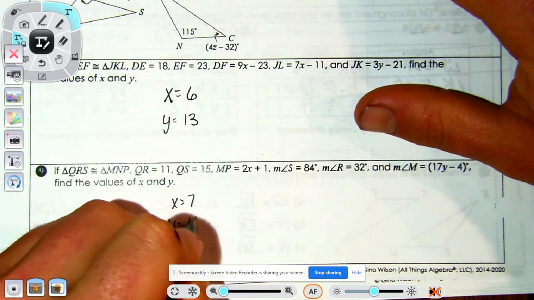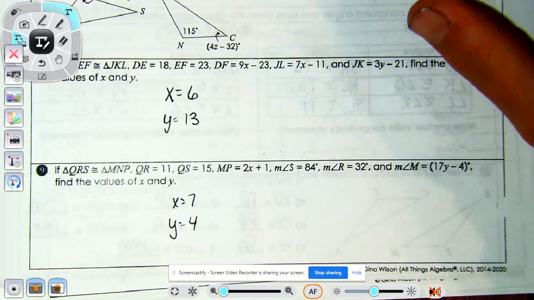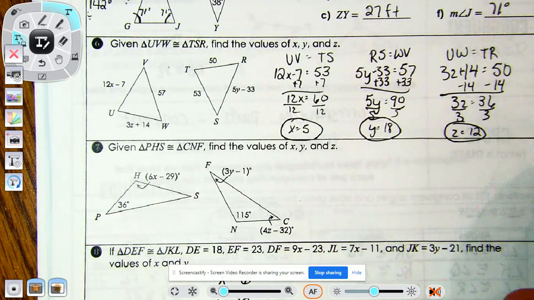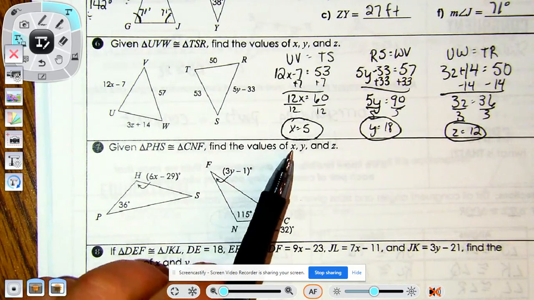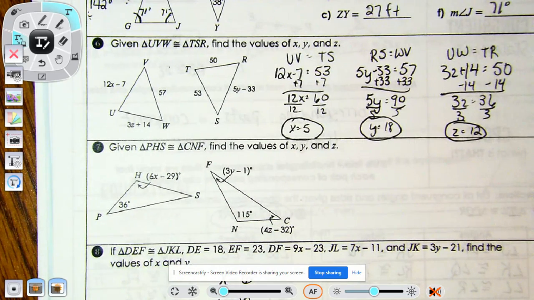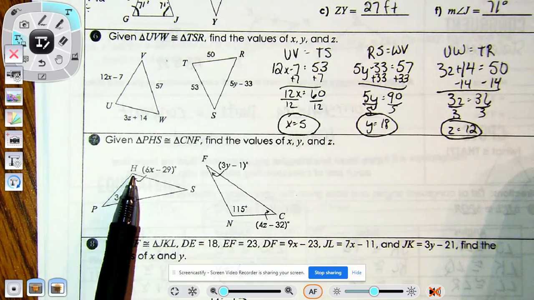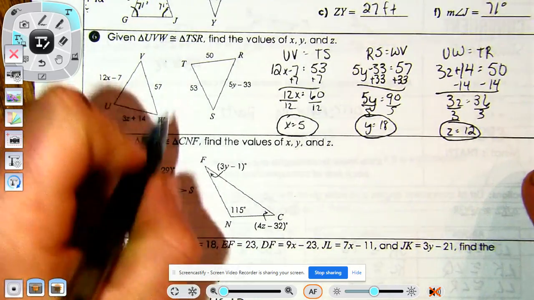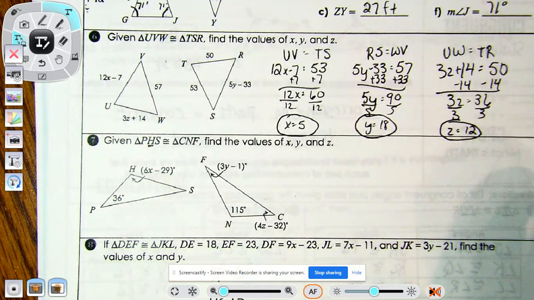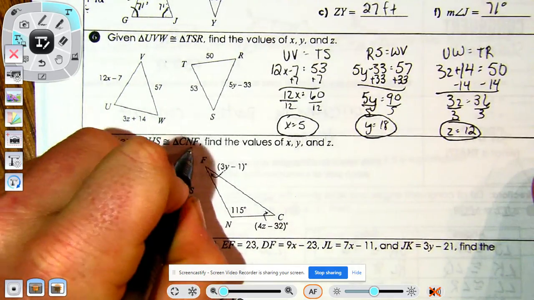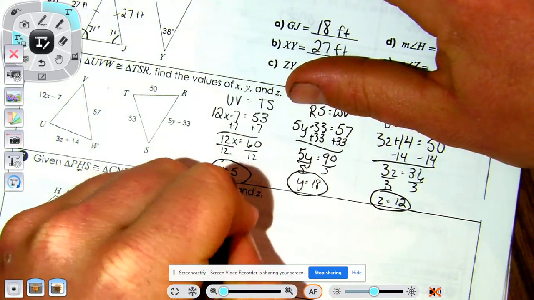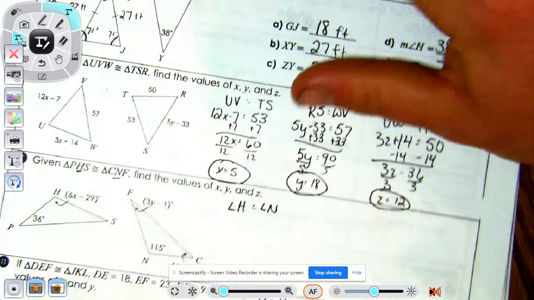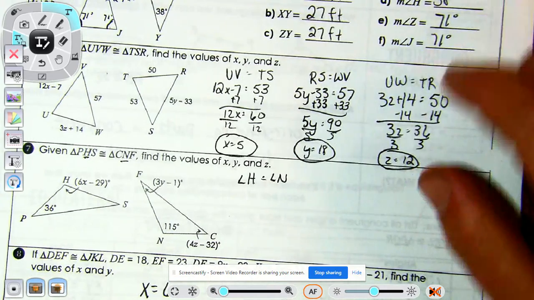All right, so we'll run through this last problem, and I will let y'all get to your assignment. So once again, it's having me solve for the variables X, Y, and Z. So I'm going to start with X. X was up here in the equation for angle H. So what would angle H be congruent to? It's the second letter listed. It's going to be congruent to N. So angle H is congruent to angle N. Plugging in what I know, H is equal to 6x minus 27.